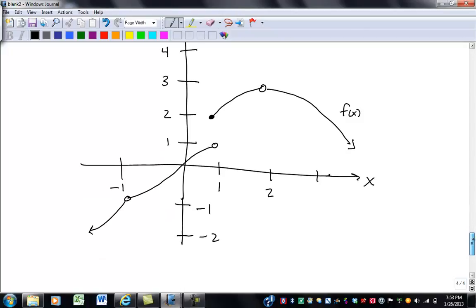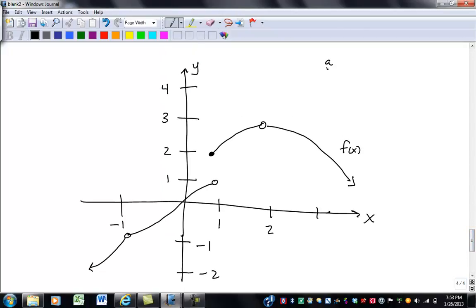And I can ask you to find out some things about f of x. For example, I could ask you, what is f of 1? Well, the 1 there is replacing the x in the parentheses. So what f of 1 means is what's the y value when x equals 1? And when I go to x equals 1 and I look at the y values, I see there's two circles. There's one that's filled in and there's one that's not filled in. The one that's filled in is the y value. So the one that's filled in in this case is at y equals 2. So the y value at f of 1 is 2.